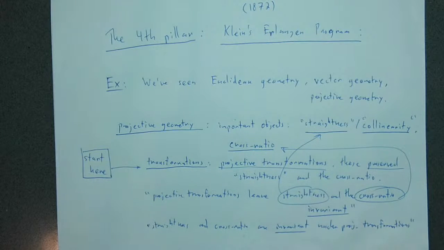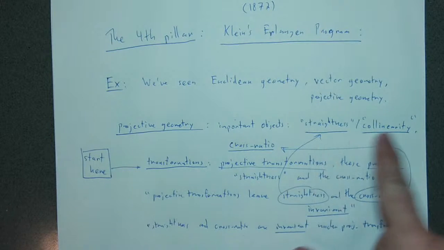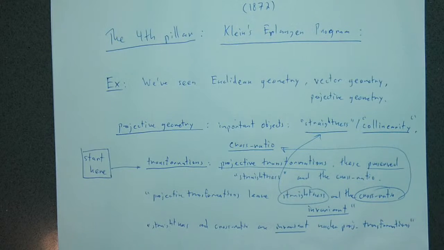They're not important on their own. They are important because they're left invariant by these transformations that I've picked. Okay. And so the notion of straightness, collinearity, and the cross ratio are only important because those are the things that are left invariant by projective transformations. That's the Klein approach. So let's see how this works.